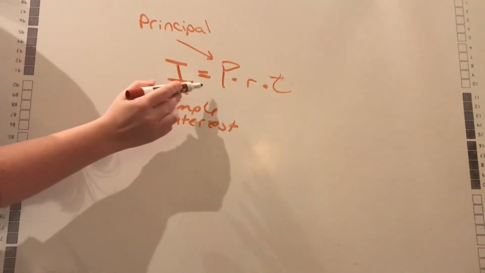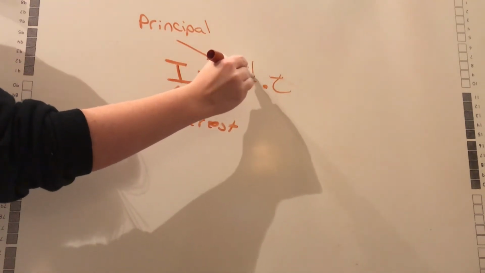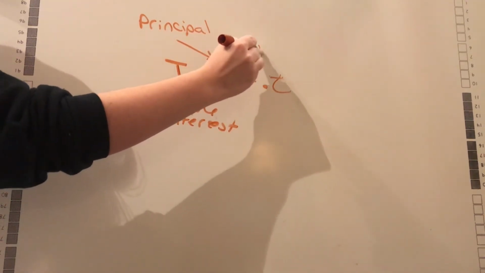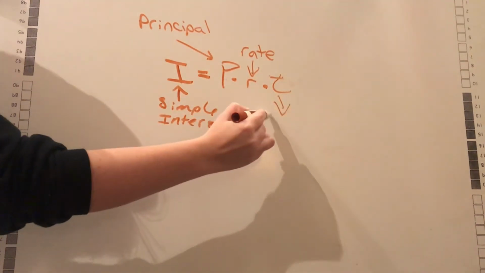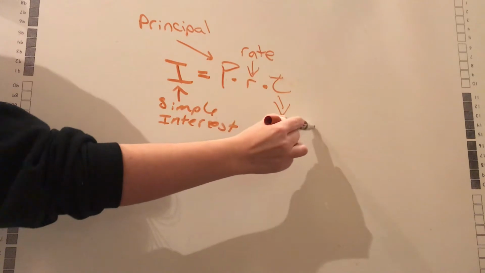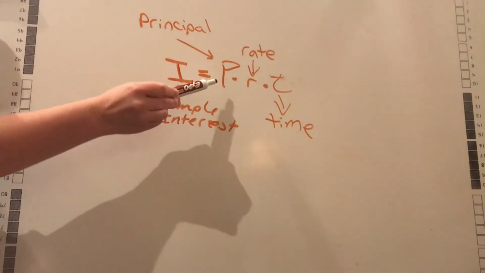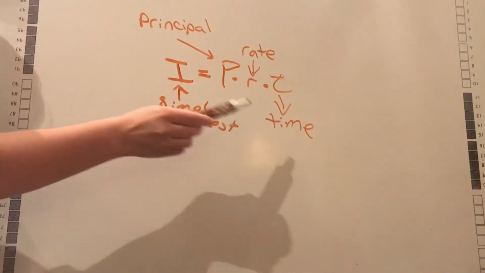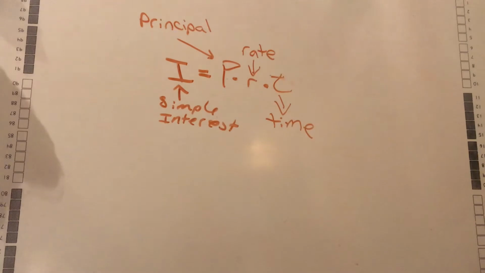Okay, so this is the amount of money that you've borrowed. R is your rate of interest. And T is time. Okay, so it's a simple multiplication equation of P times R times T to find your interest. So rate, time, and the initial amount of money that you started with, or principal.